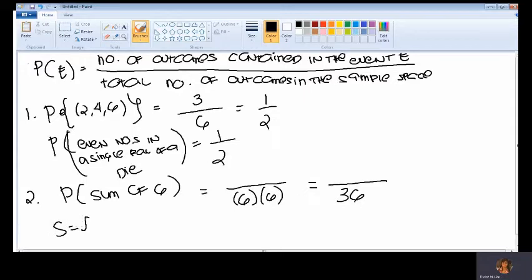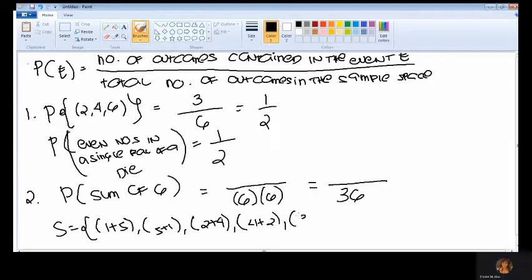So we have 1 plus 5, 5 plus 1, 2 plus 4, 4 plus 2, and 3 plus 3.